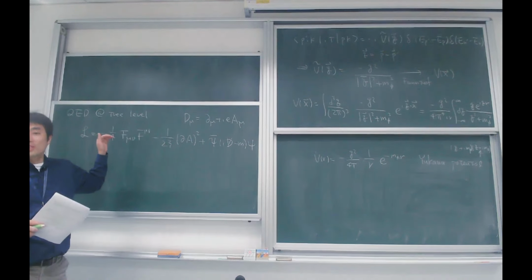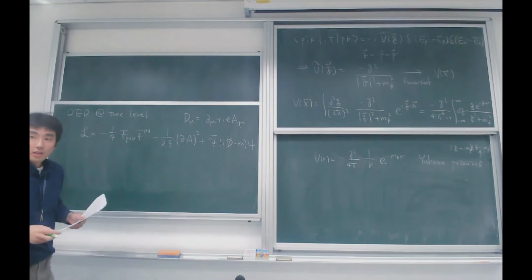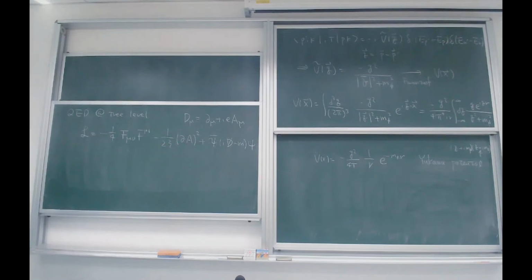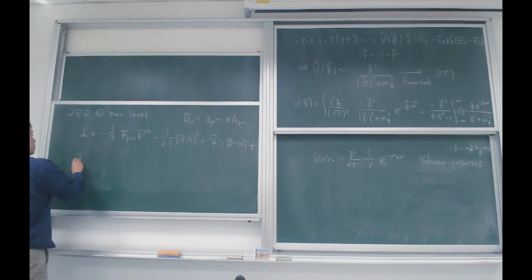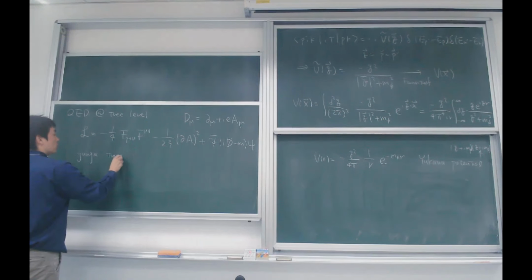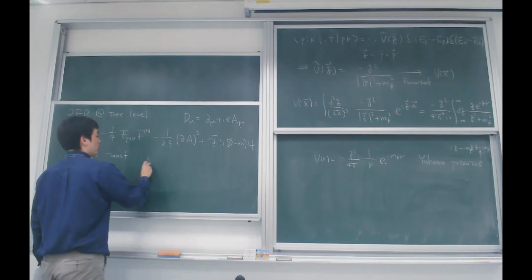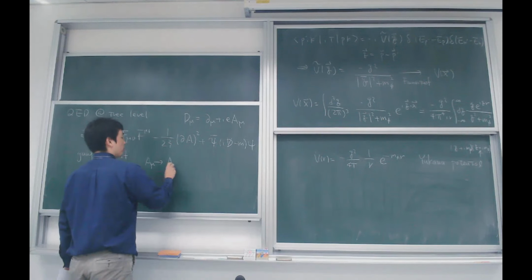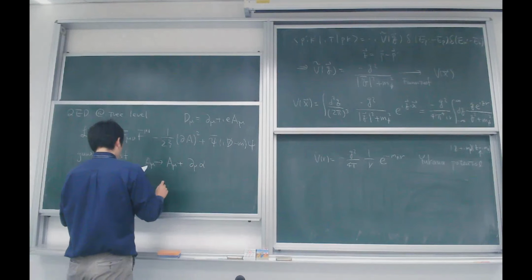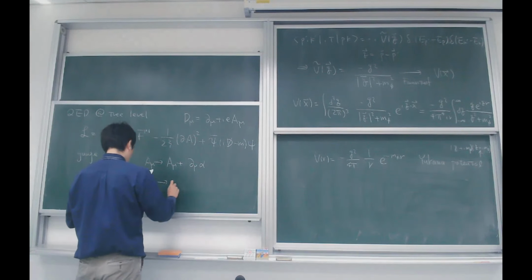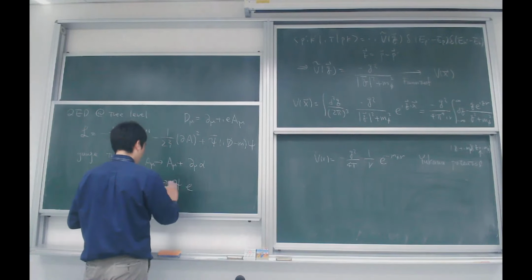You already showed in the first homework that this is gauge invariant, and then of course the gauge transformation is A mu is mapped to A mu plus the derivative of alpha, and psi is mapped to psi e to the minus i e alpha, like this way.